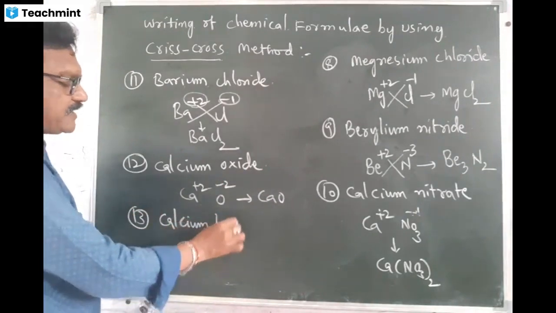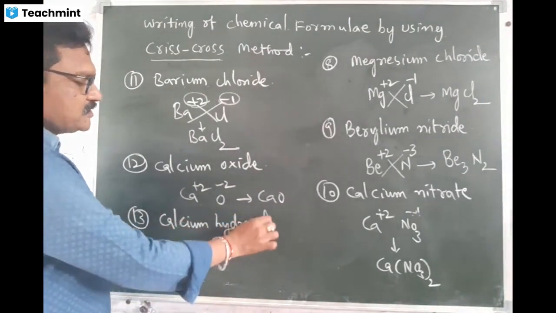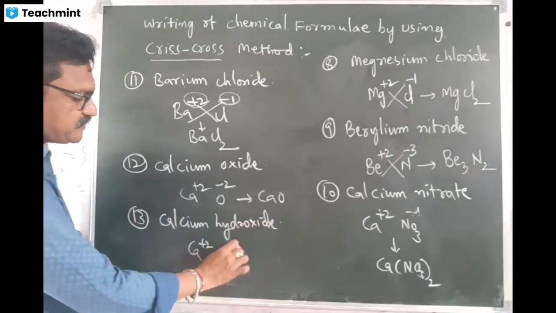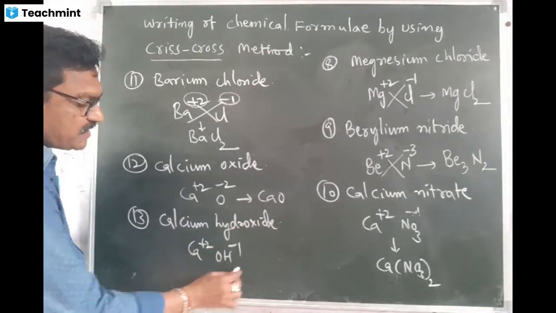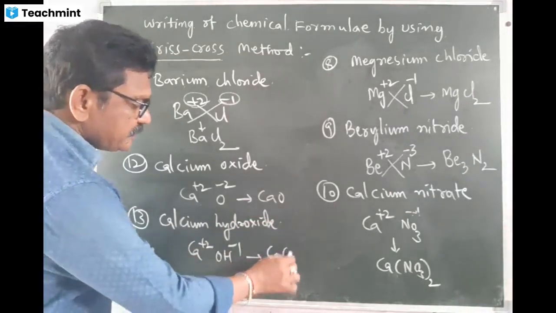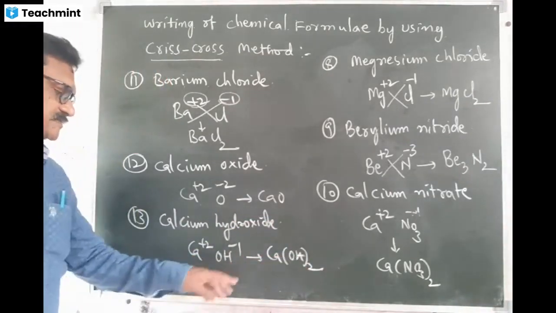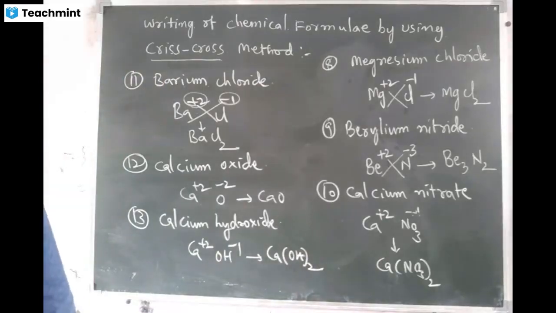What is the formula of calcium hydroxide? Calcium hydroxide means Ca +2, hydroxide means OH -1. Then the formula becomes Ca(OH)2, Ca taken once, OH twice. That is calcium hydroxide.